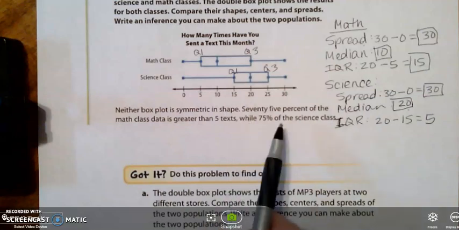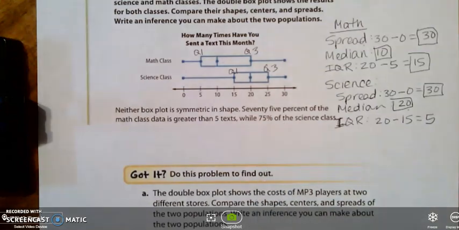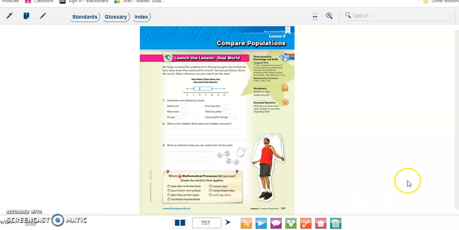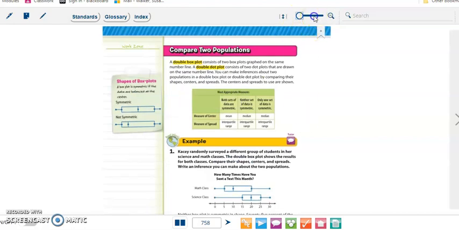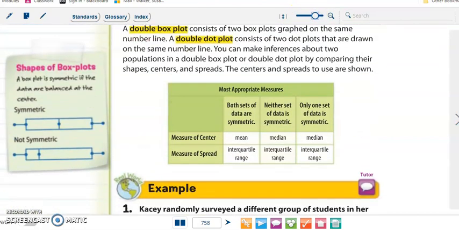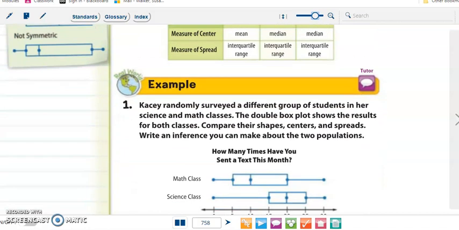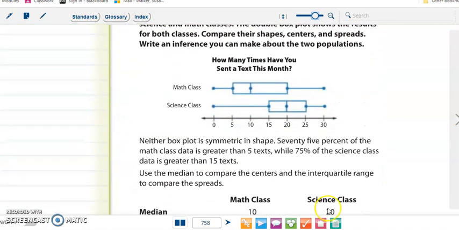While 75%, oh, and I didn't finish that one. It looks like I cut that off. While 75% of science class, I can go back and look at that. 75% of the science class data is greater than 15 texts. 25, 50, 75.